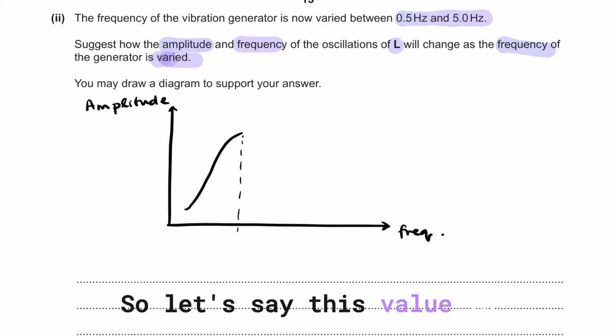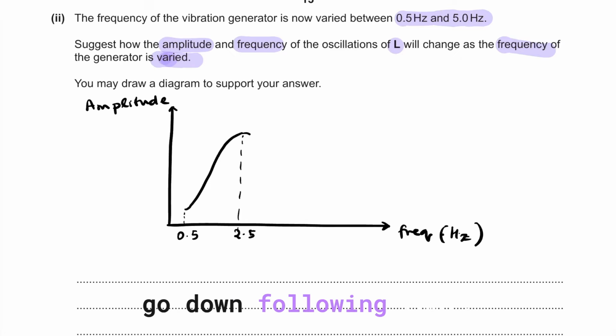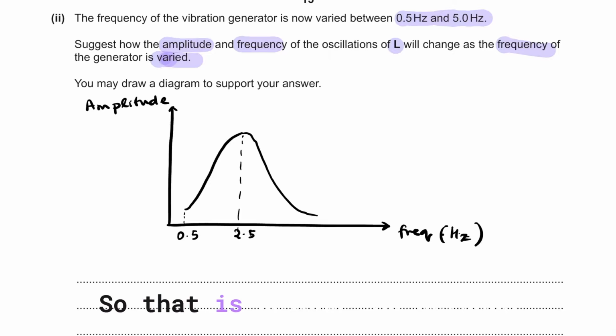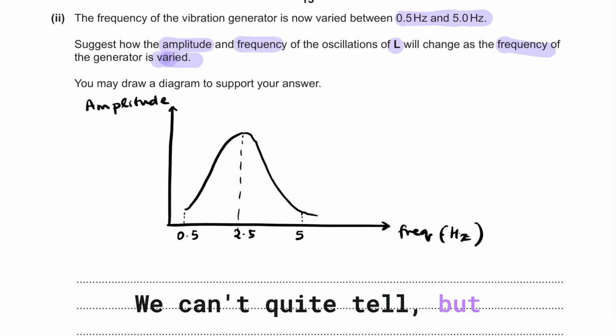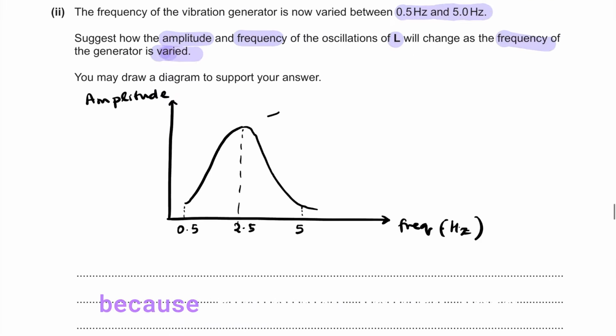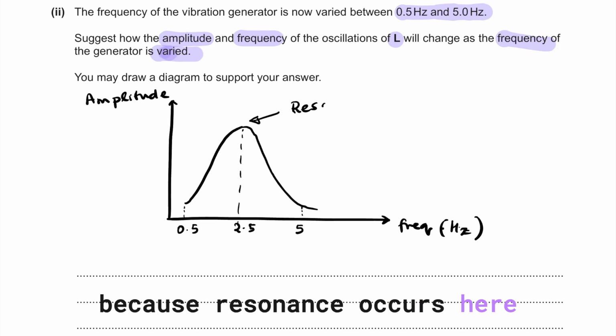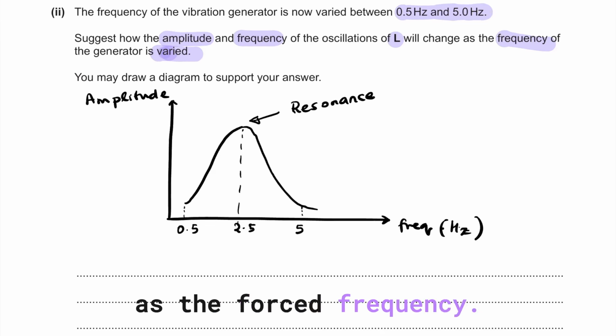So let's say this value is 0.5 Hz, and then it would go down following that. So perhaps this is going to be 5 here. We can't quite tell, but I'll just leave it there. And we know it's maximum because resonance occurs here as the forced frequency is equal to the natural frequency.